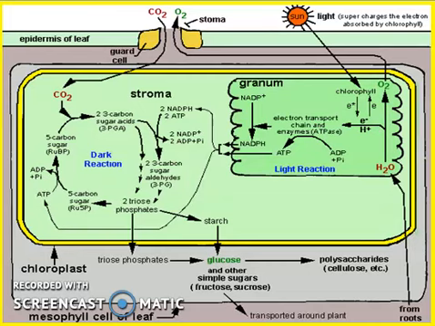So it is converted, through these arrows, into triose phosphate. This requires metabolic energy which is derived from ATP and NADPH produced by the light reaction. The triose phosphate is used to produce glucose and other sugar, or is stored as glucose in the starch.